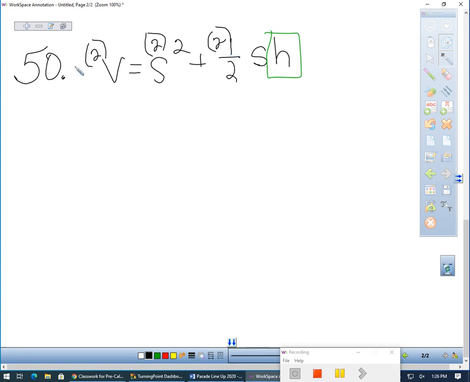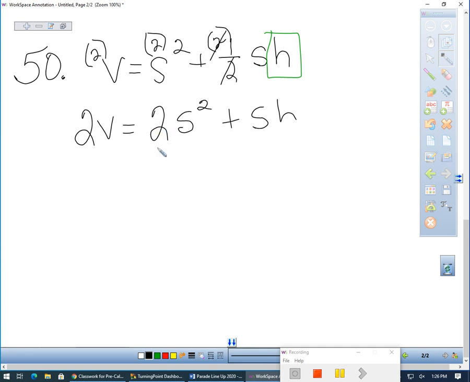In the first one, I get 2 times v is 2v equals 2 times s squared is 2s squared. And here, 2 times 1/2 sh, the 2's cancel. And I have plus sh. So now I'm trying to get that h by itself, so I need to move the term that doesn't have an h in it.